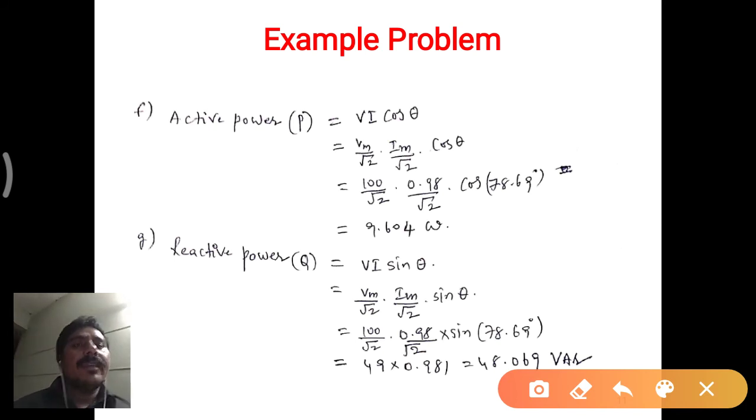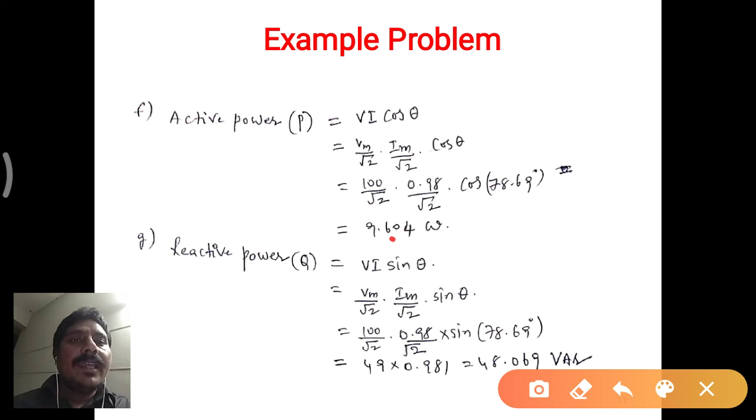Previously I calculated the peak voltage. Always we have to convert those peak values into RMS values, so I'm dividing by root 2. Why? I'll explain that in the next class. Similarly, I am taking RMS current, and cos theta. All these are already known values. The voltage value is given, the current value we calculated from the third bit, and the cos theta value was also calculated in the previous bit.